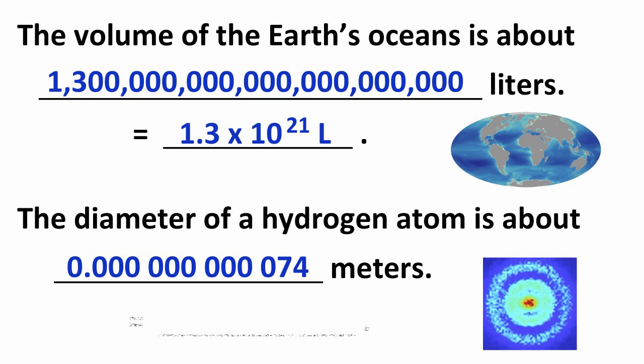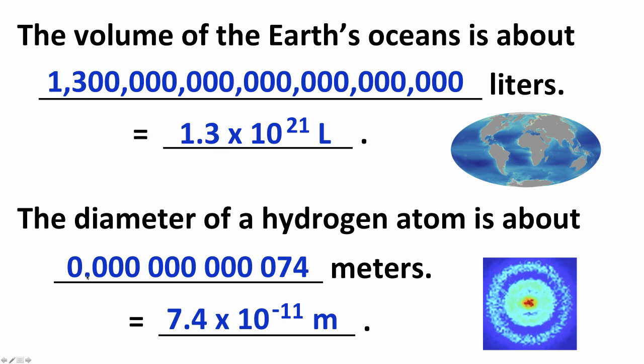In scientific notation, this would be 7.4 times 10 to the negative 11th. We write the number between 1 and 10, 7.4, and then 10 to the appropriate power.